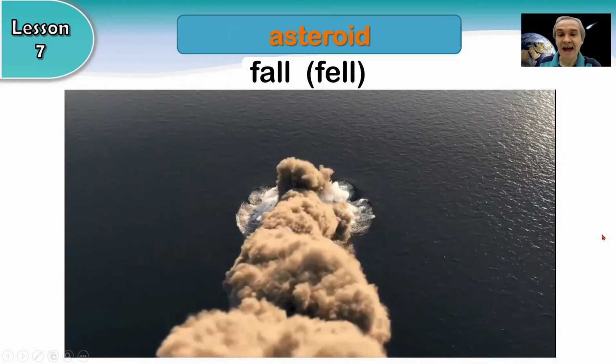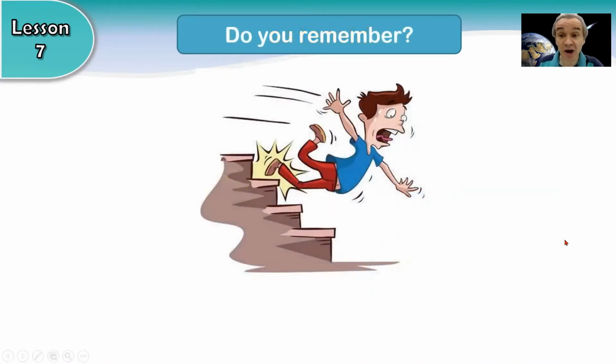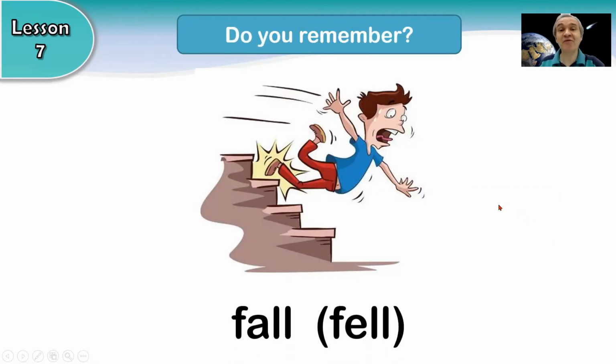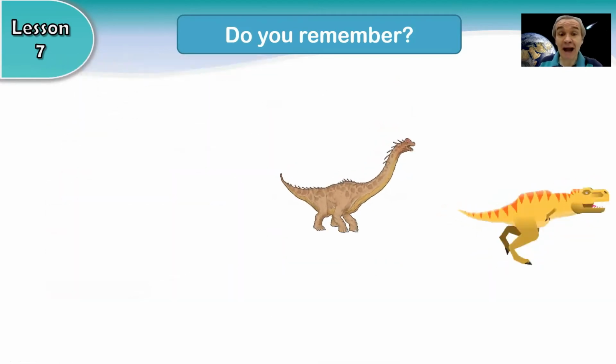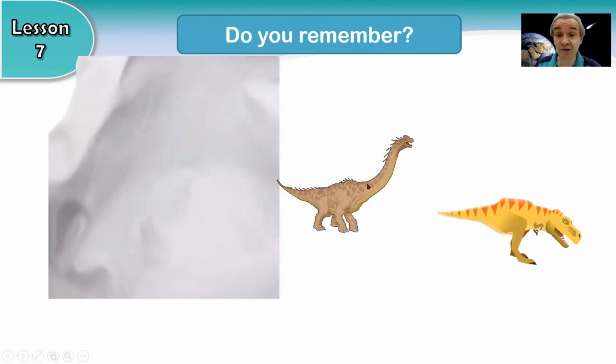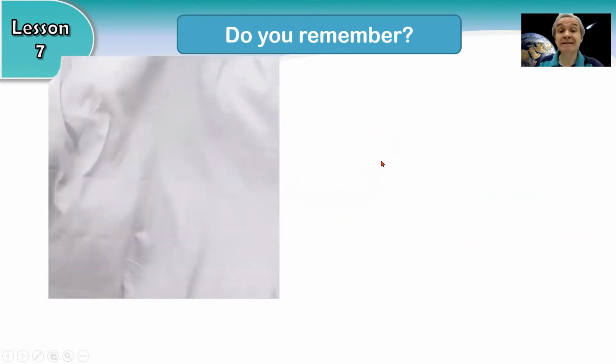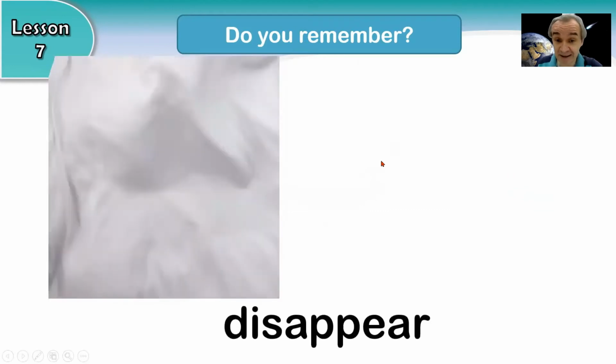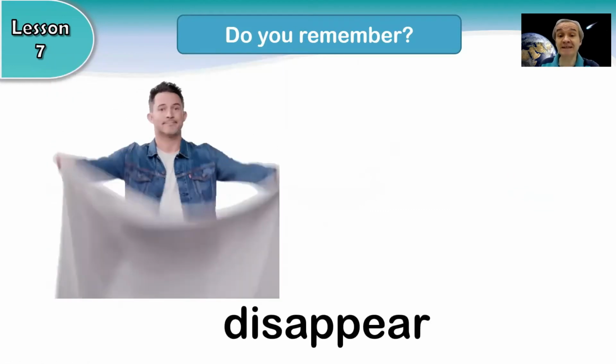So a big asteroid fell to Earth. So this verb, fall, past tense, fell. And what happened when the asteroid fell to Earth? Well, all the dinosaurs disappeared. So the verb to disappear.